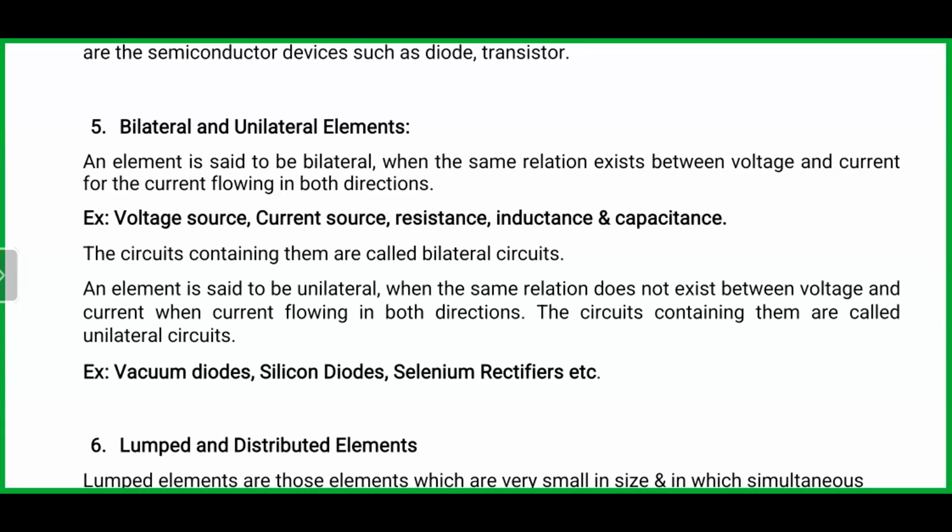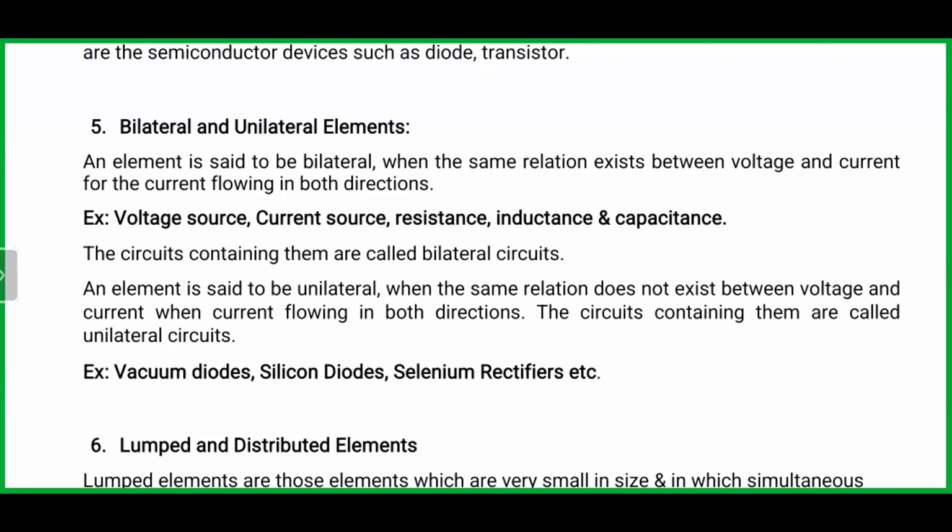We have vacuum tubes, that's an example, silicon diodes, solenoids, and then rectifiers. Unilateral is like a valve.